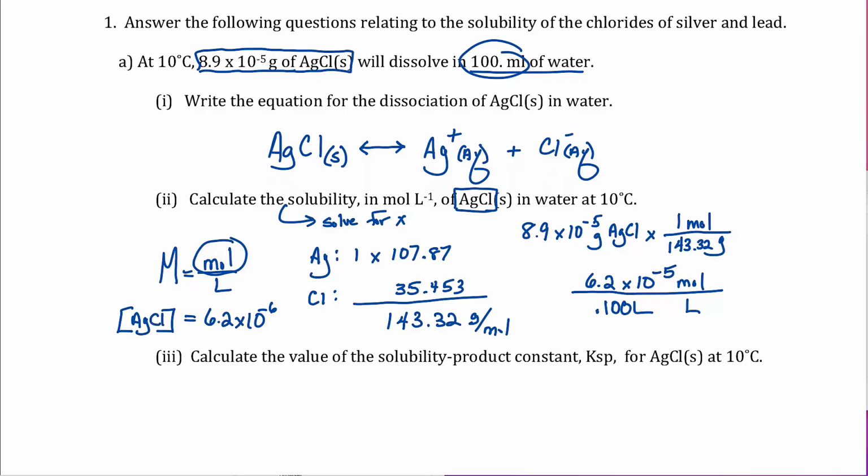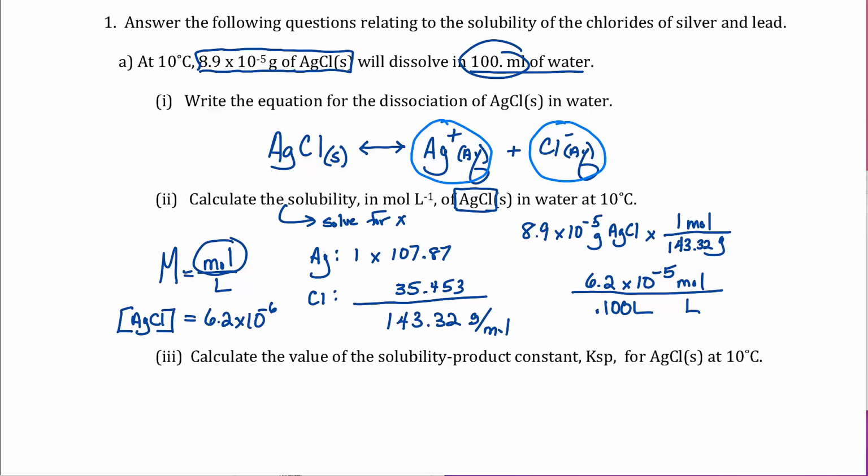But it's also equal to the concentration of either what? Now, think about this, party people. It's either this ion or this ion, because as this breaks apart into equilibrium, for every one AgCl, there's one Ag plus and one chloride ion that dissociates in that scenario.